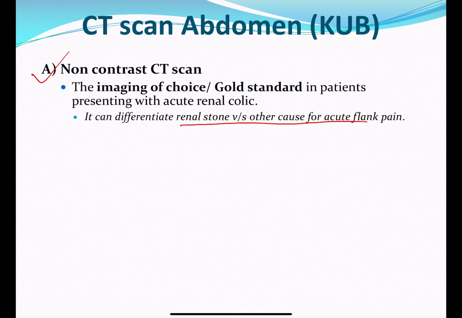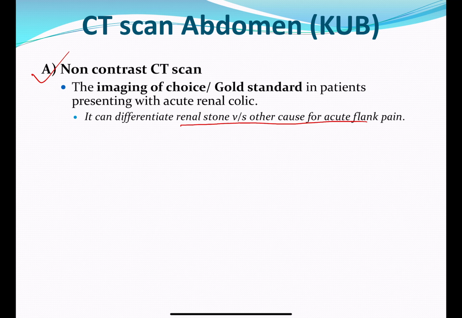Okay, for example, suppose the patient might have acute pain due to pancreatitis, as I already told you, or due to other causes. So it can show you the exact cause, because a CT scan can not only show you the ultrasonogram, sorry, it not only shows you the image of the kidney, but also it can show you the surrounding image as well.